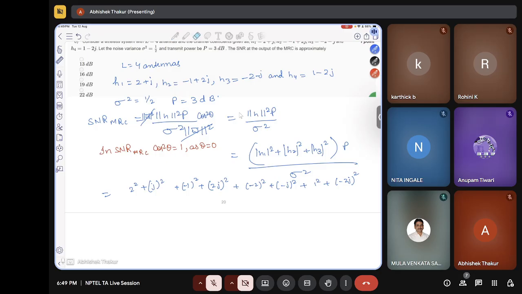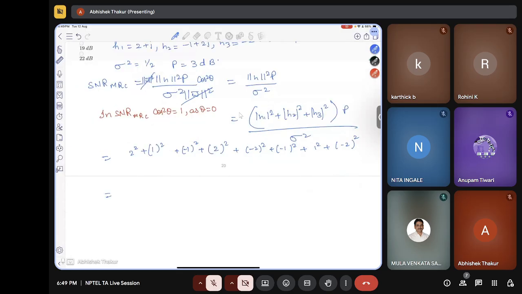Sorry, the j term we will not take here, we will take only the real and imaginary magnitudes: 1 square, 2 square, minus 1 square, and this will become minus 2 square. So finally we will get this whole multiplied with power by sigma square.